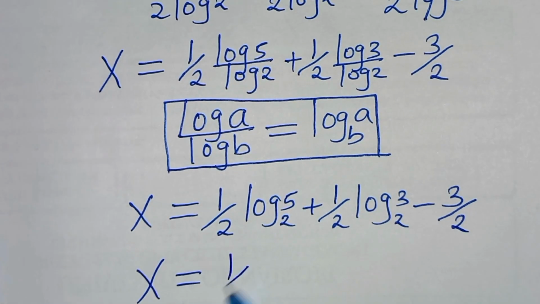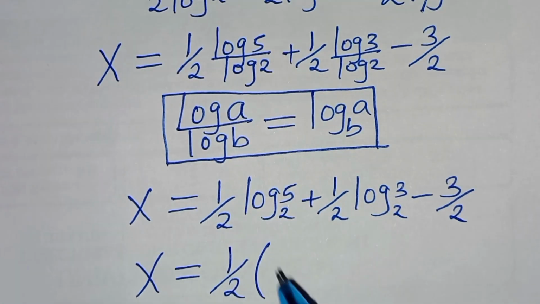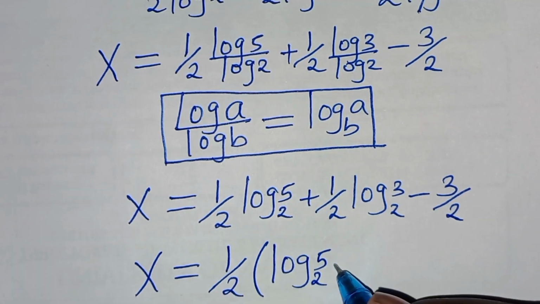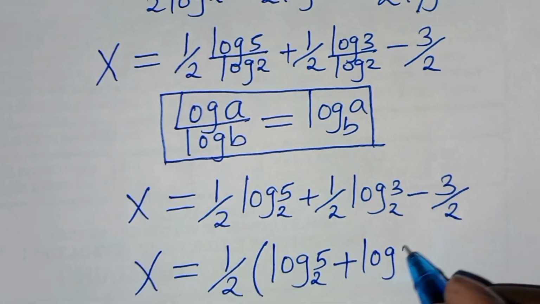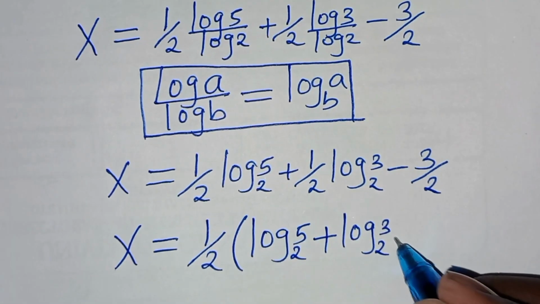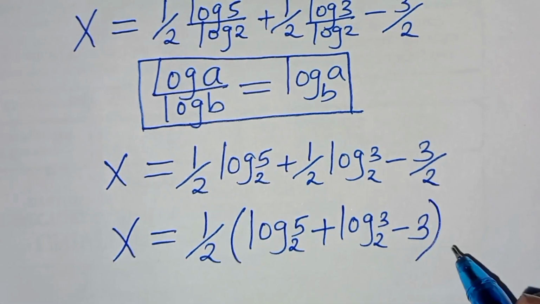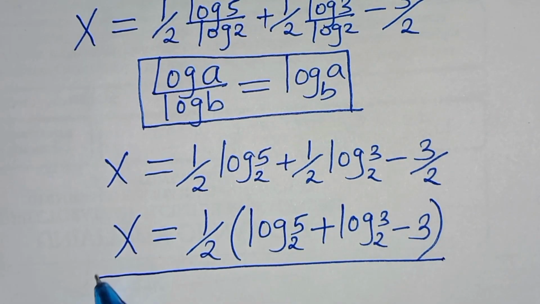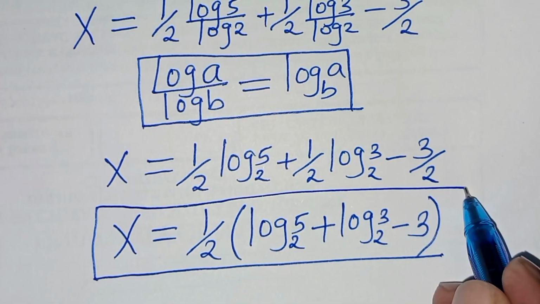So we have a half into the parentheses log 5 to base 2, then plus log 3 to base 2, subtract 3, close the bracket. So this is the value of x.